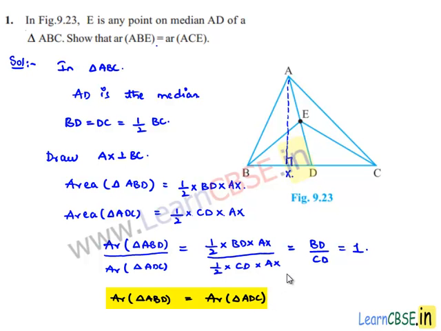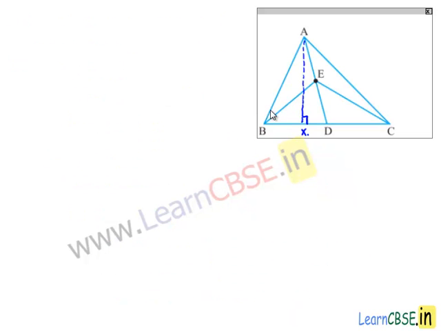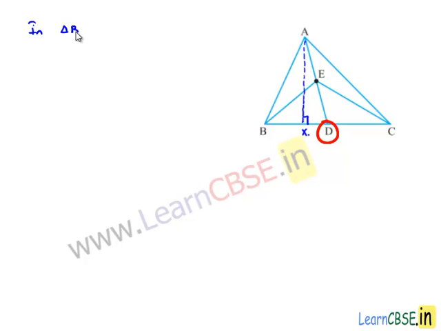From this statement we can say that a median in a triangle divides the area into two equal halves. Now let it be equation number 1. Now in triangle BEC, as BD is equal to DC, we can say ED is the median.